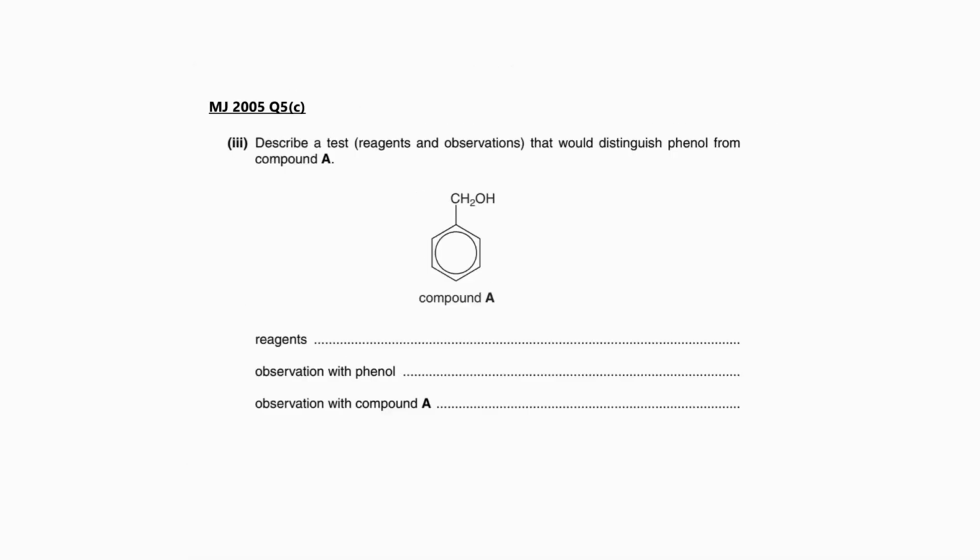There will be a question asking us to describe a test to differentiate phenol and alcohol. Compound A is an alcohol. The reagent we can use to differentiate both of them is FeCl3, where FeCl3 reacts with phenol and a purple solution is formed.